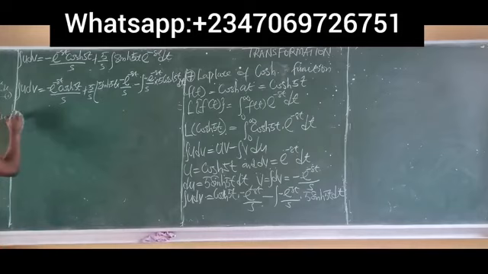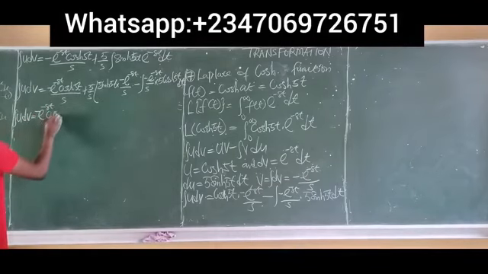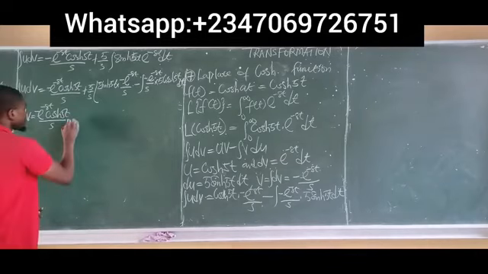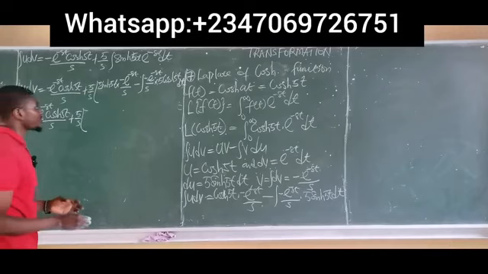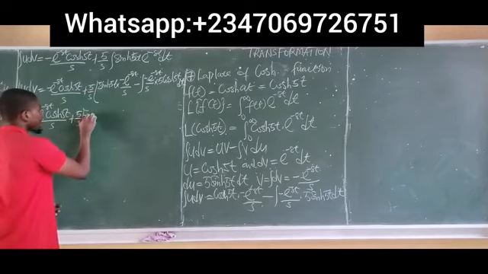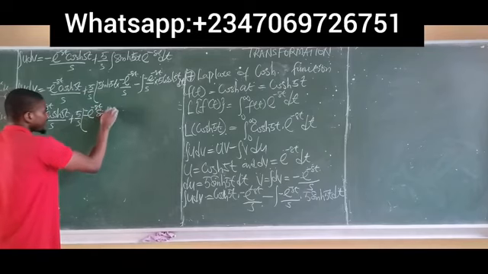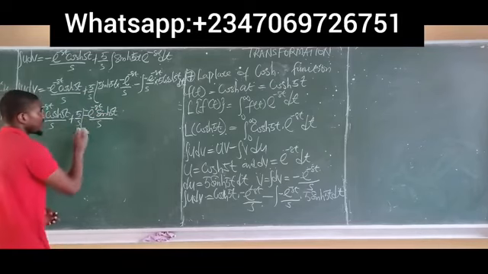Okay, so integral of u dv is now minus exponential minus st cos 5t all over s plus 5 all over s. Let's rearrange these terms in the brackets. So we are simply going to have minus exponential minus st now sine 5t all over s.